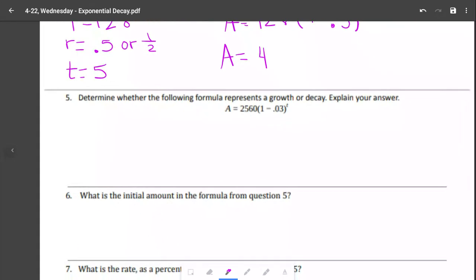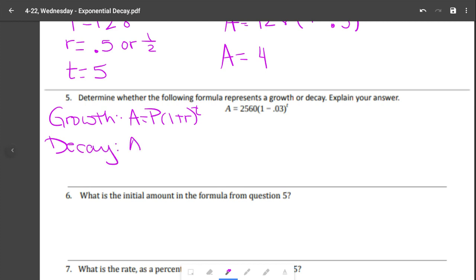Question 5. Determine whether the following formula represents a growth or a decay. So remember, growth is A equals P times 1 plus R to the T. And decay is A equals P times 1 minus R to the T. So if you look at your parenthesis, this is decay.